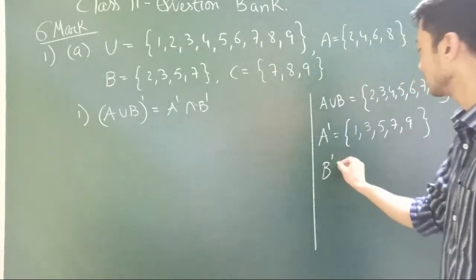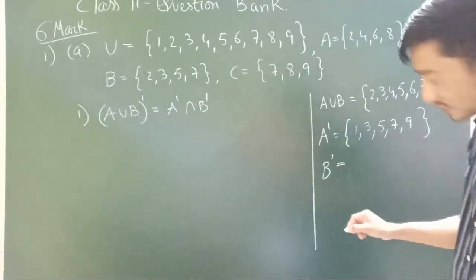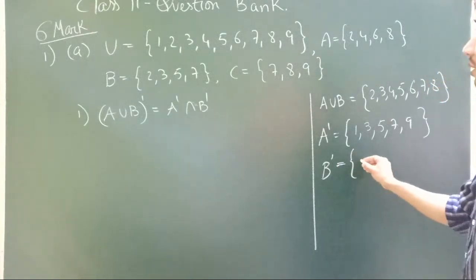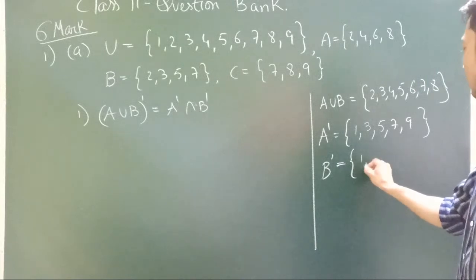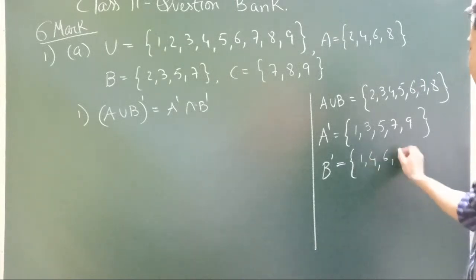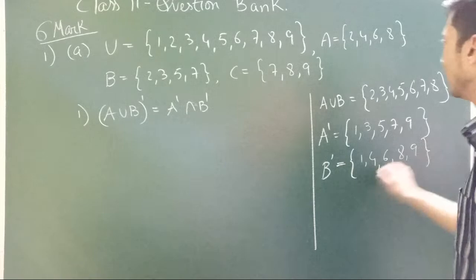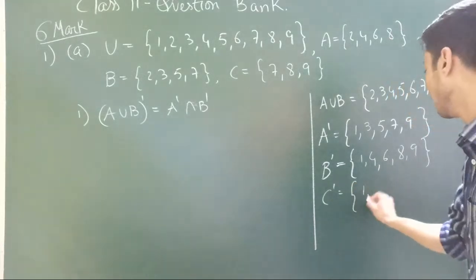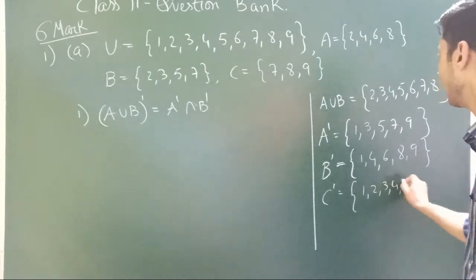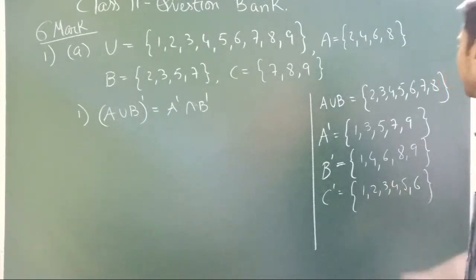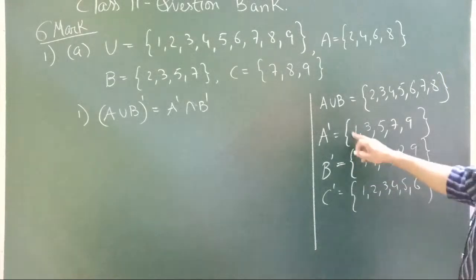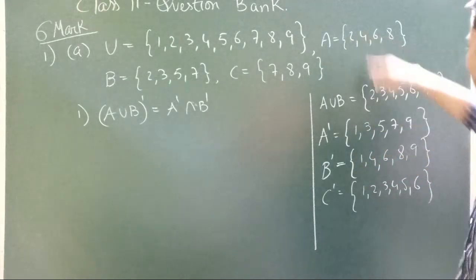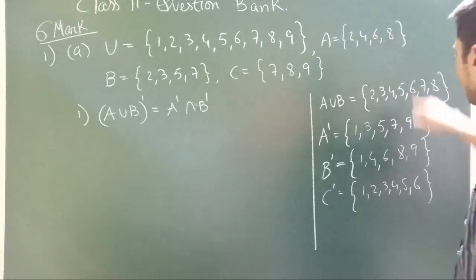B complement, these values might help us, even just calculating in advance. B complement will be 1, 4, 6, 8, 9. And of course C complement, if we need it, 1, 2, 3, 4, 5, 6. I think that's all right.